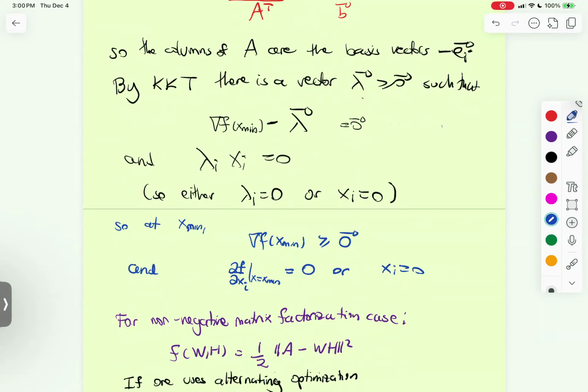You had a matrix A where every entry of the matrix was non-negative.